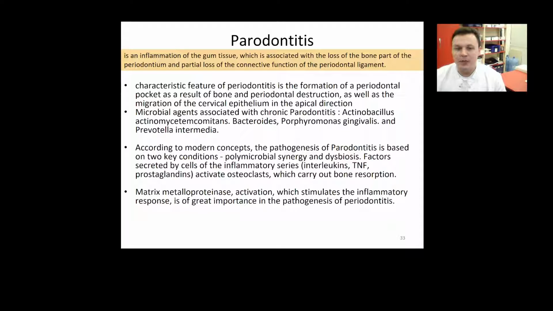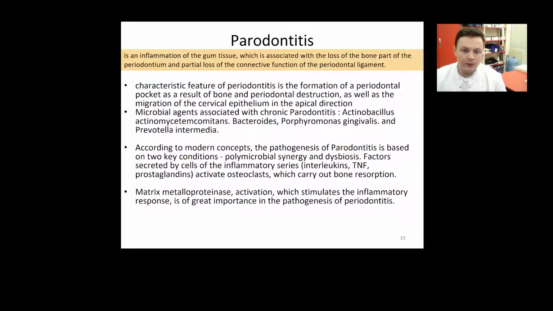The presence of microbial plaque is a key moment in the pathogenesis of periodontitis, and the concentration of microorganisms in blood is of great importance. According to the modern concept, the pathogenesis of periodontitis is based on two key conditions: polymicrobial synergy and dysbiosis.